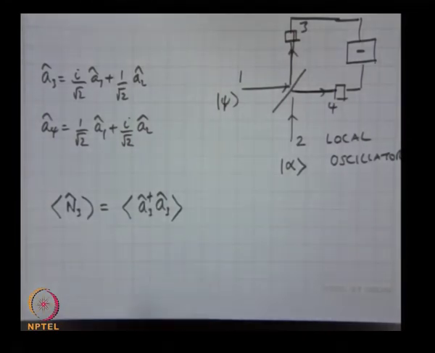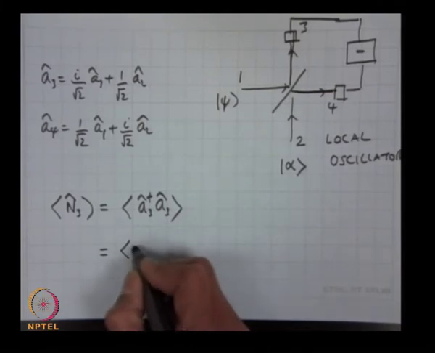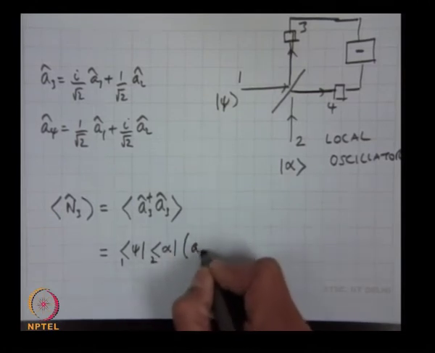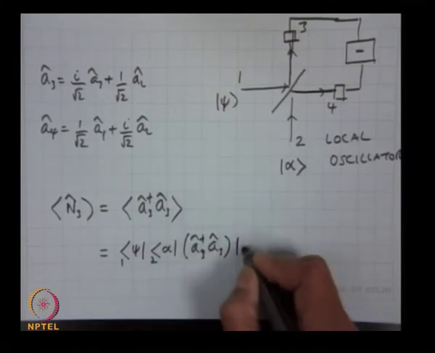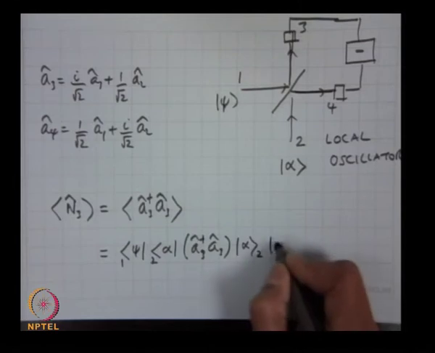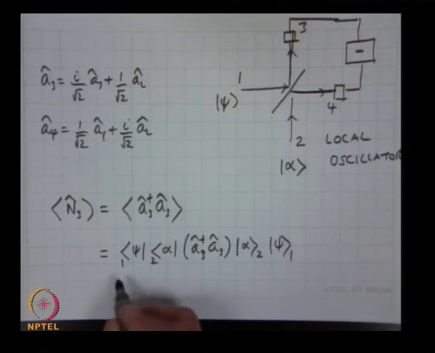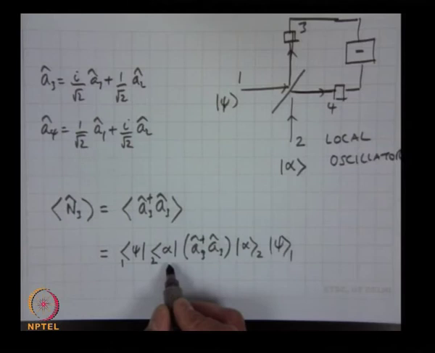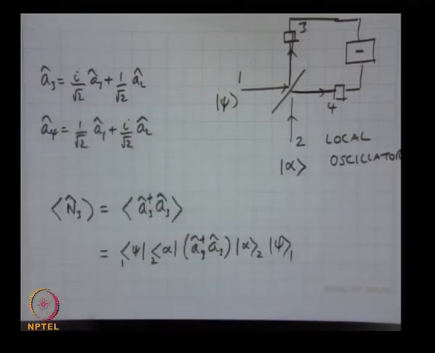So what I do is the following. I represent this as psi in the first state and alpha in input 2, A3 dagger A3, alpha in state 2 and psi in state 1. Now, I represent the state as at the input, and I will write A3 and A3 dagger in terms of A1 and A2.